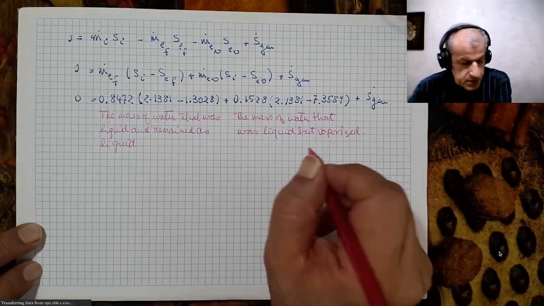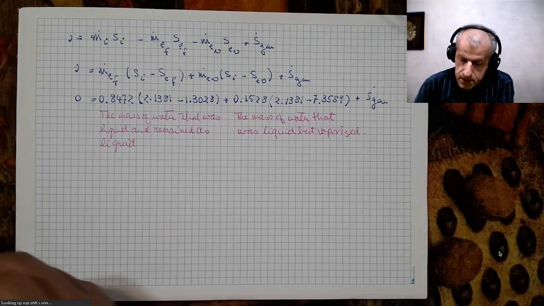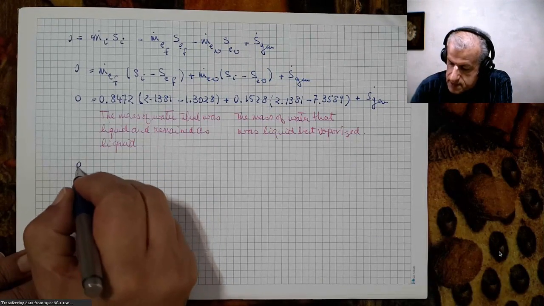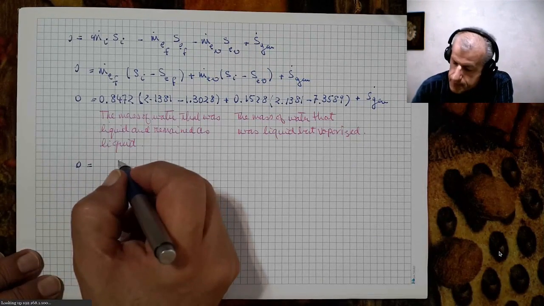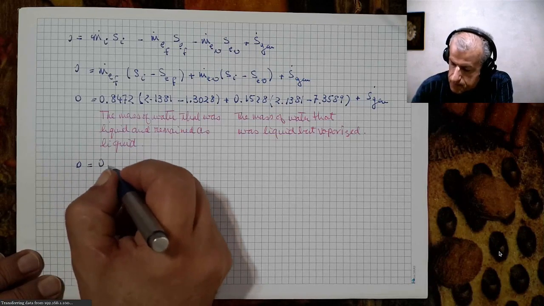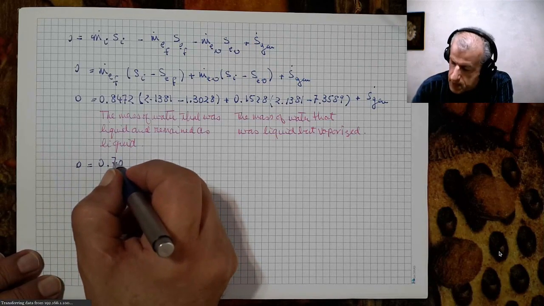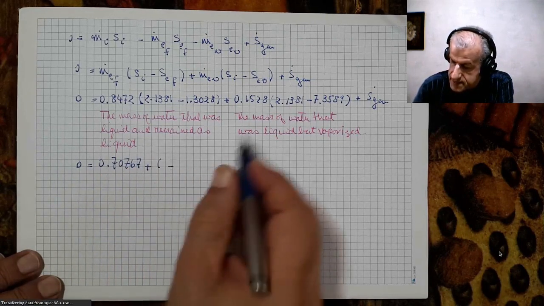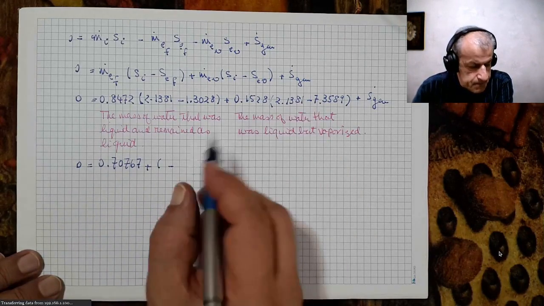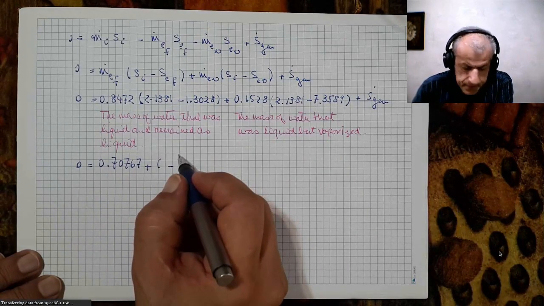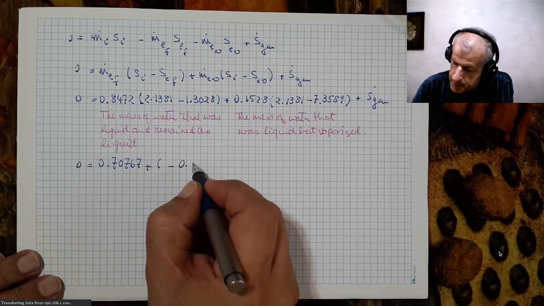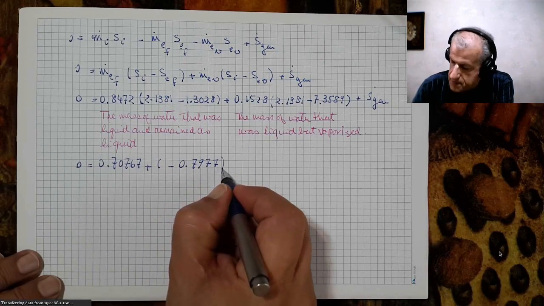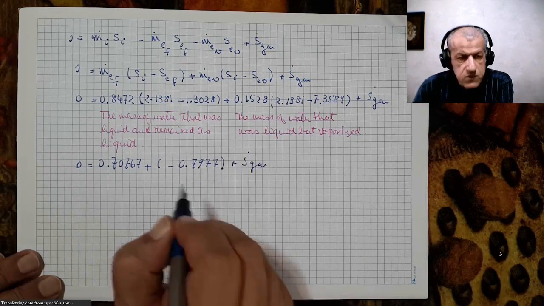So just putting numbers to these terms and calculating them, 0 equals 0.70767 plus, and this term would be a minus 0.7977, plus S dot Gen.